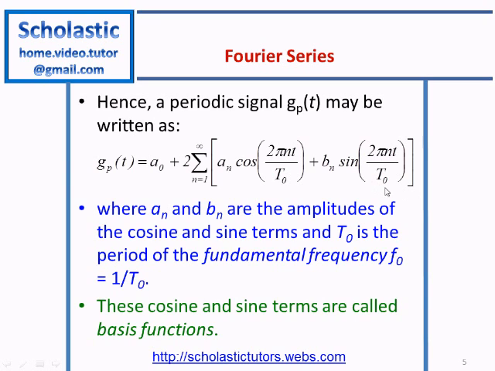Again, T0 is the periodicity of the signal, where An and Bn are the amplitudes of the cosine and sine terms, and T0 is the period, with the fundamental frequency f0 equal to 1 over T0. These cosine and sine terms are also called the basis functions.